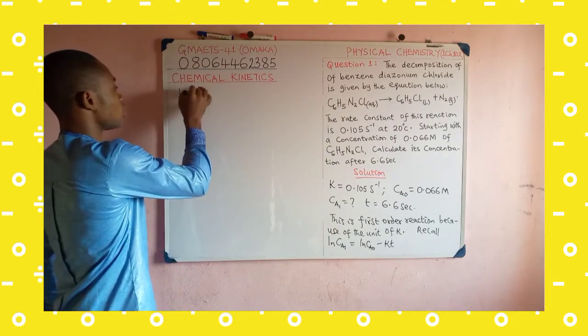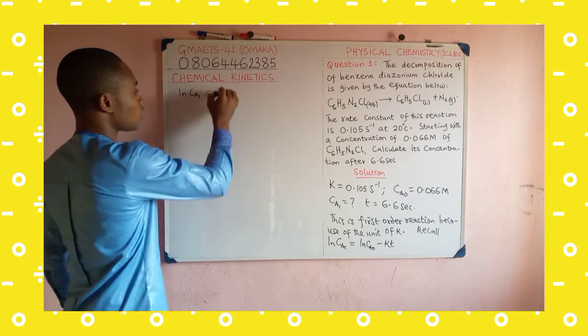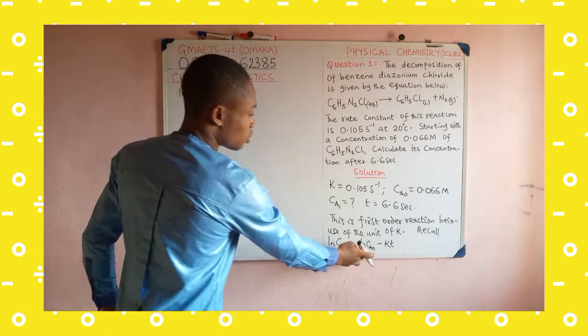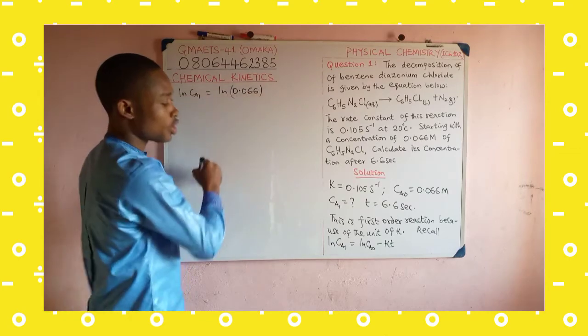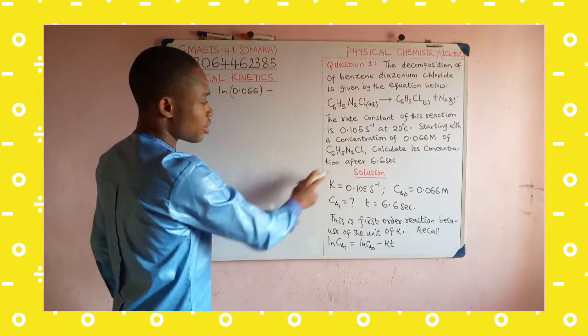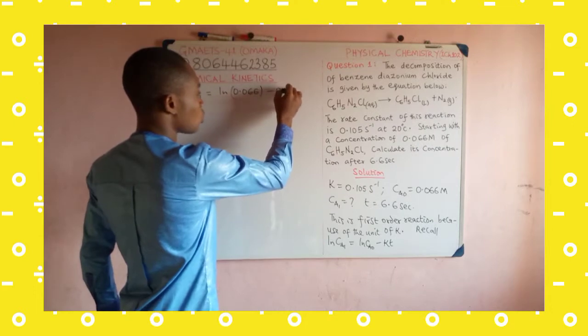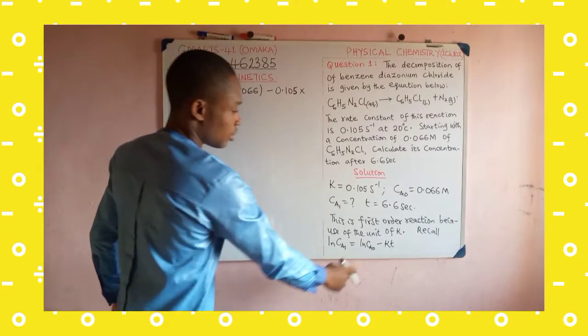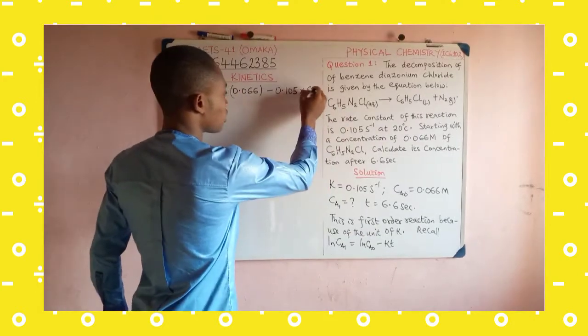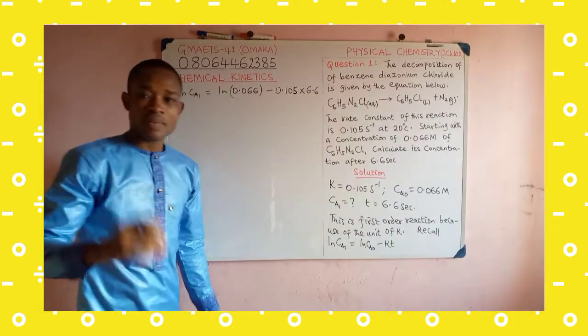So we can substitute: ln CA1 is now equal to ln the initial concentration CA0, 0.066 moles per dm cube, then minus the rate constant given to us, 0.105 per second, multiplied by the time 6.6. So the rest is all about calculator now.